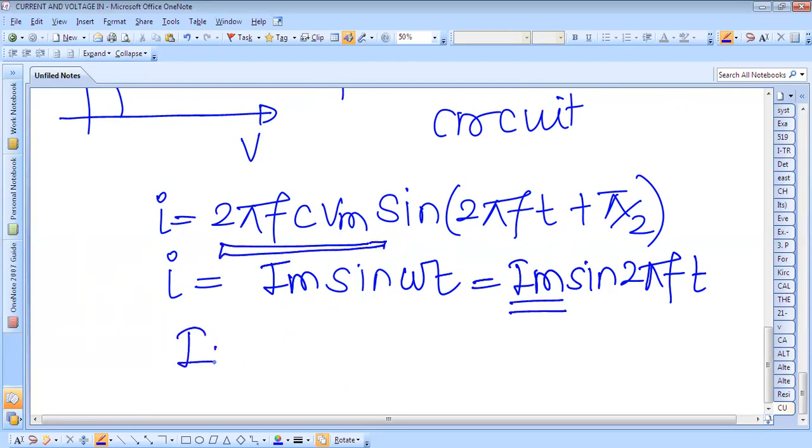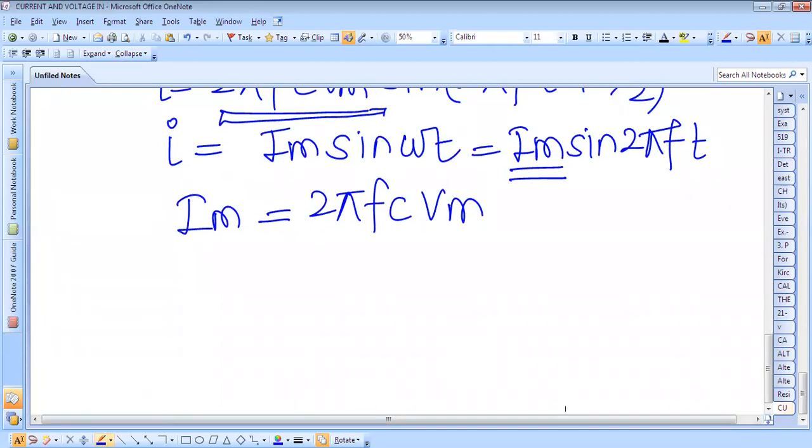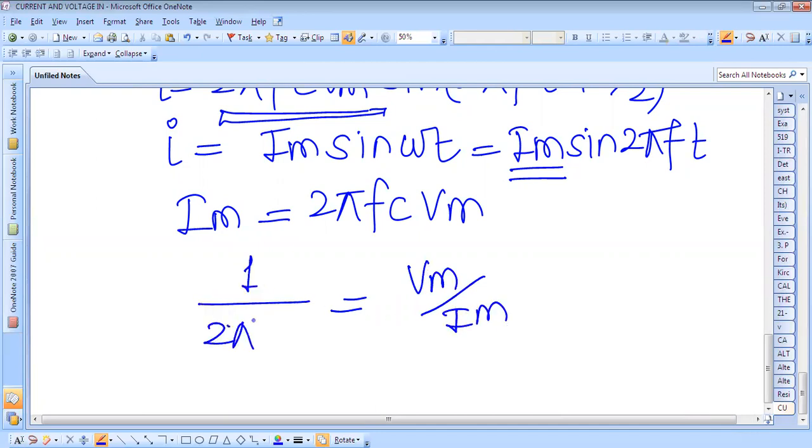So here Im is equal to 2 pi f C Vm. Therefore we can write Vm by Im is equal to 1 over 2 pi f C, and this is called the capacitive reactance.